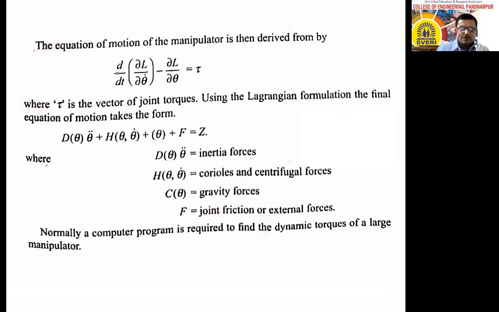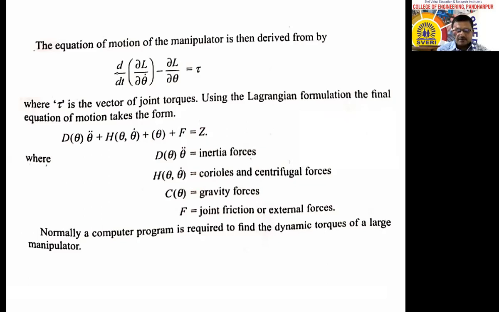The equation of motion of the manipulator is then derived from d/dt of dL/d theta dot minus dL/d theta equals tau, where tau is the vector of joint torques.